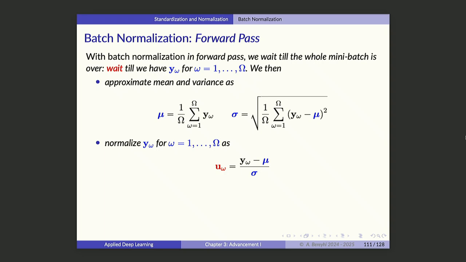The first entry of mu is the mean value of the first entry. The second entry is the mean value of the second entry, right? And then you are subtracting every single entry from its corresponding mean, right? Same thing with sigma: if y is two-dimensional, then sigma is two-dimensional as well. Every single entry gives you the standard deviation of that entry, right?